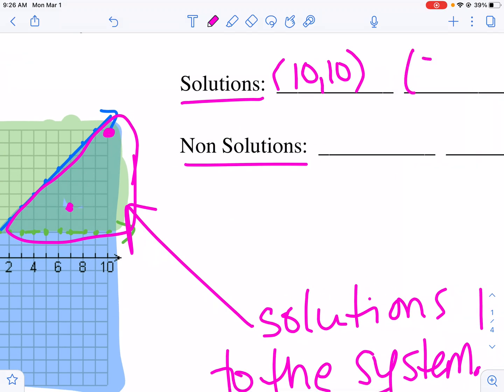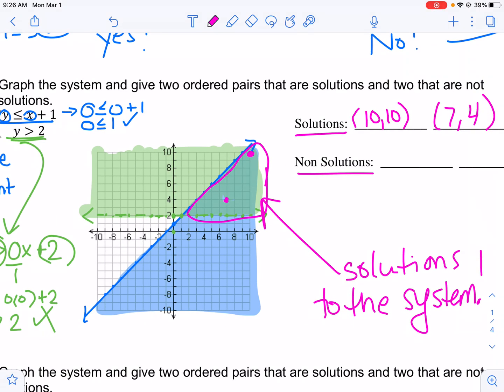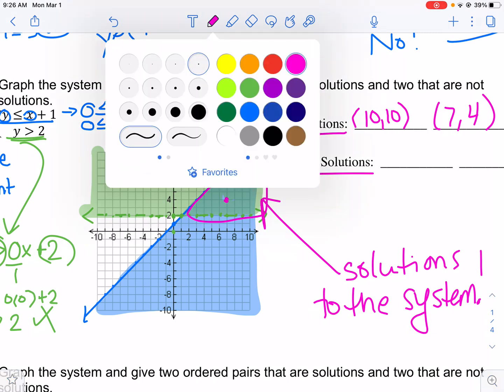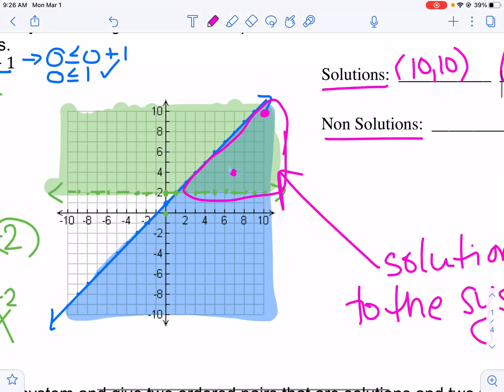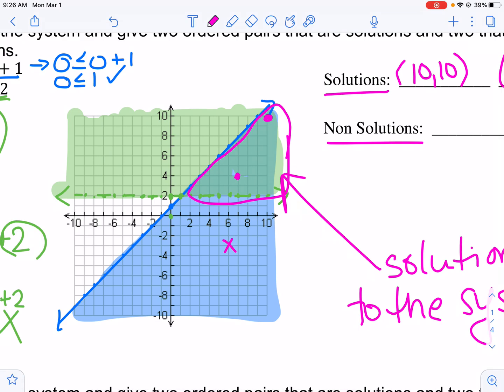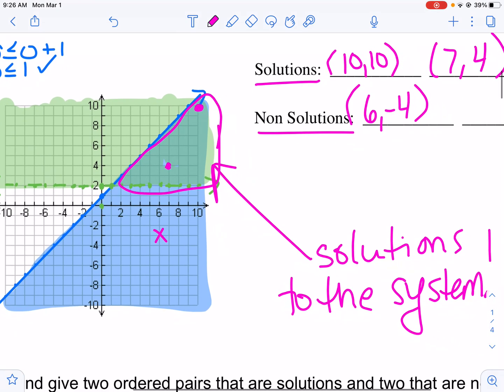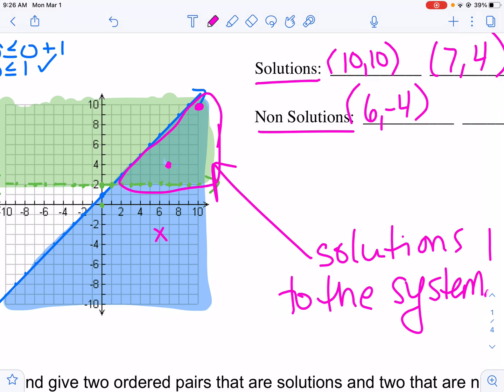All right, hopefully you have 2 solutions. As long as they lie in that double shaded region, they are solutions. And 2 non-solutions, we'll keep it with pink, but I'll do it as X's, right? This point right here, 6, -4, only works for one of the inequalities, so it's not a solution to the system.